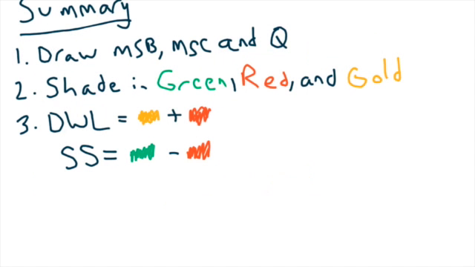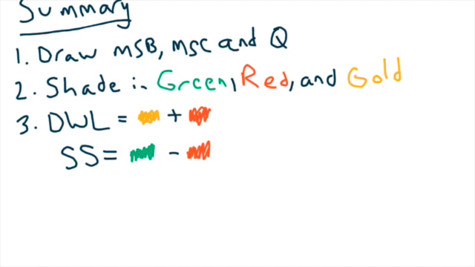So in summary, you just start out by clearing your mind. Then you focus on MSB and MSC because they are all that matter. And of course the Q, you need to know how much you produce. Draw those in and replicate those on a new piece of paper and ignore everything else on the graph.